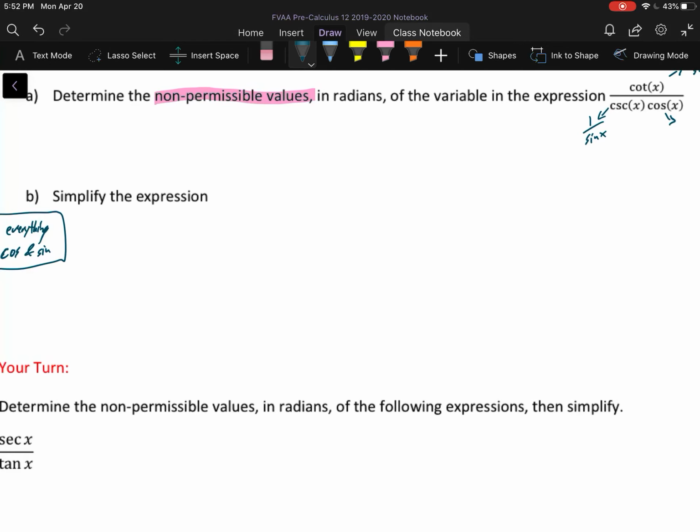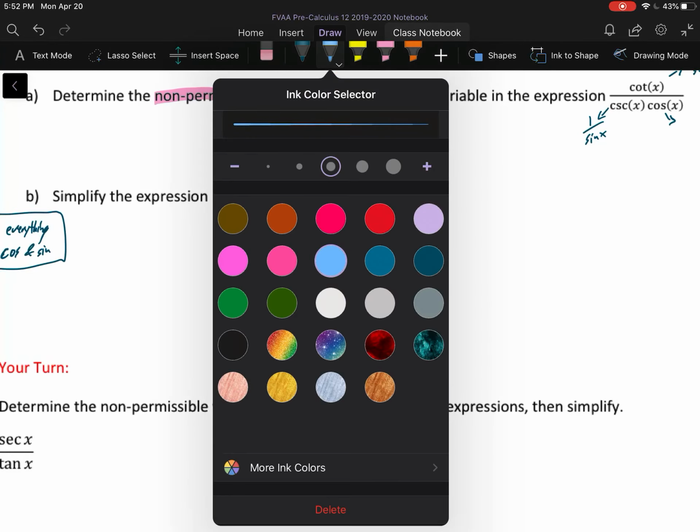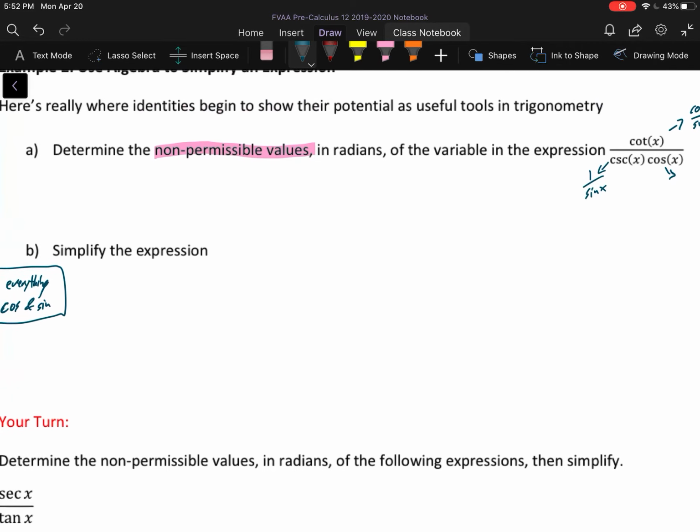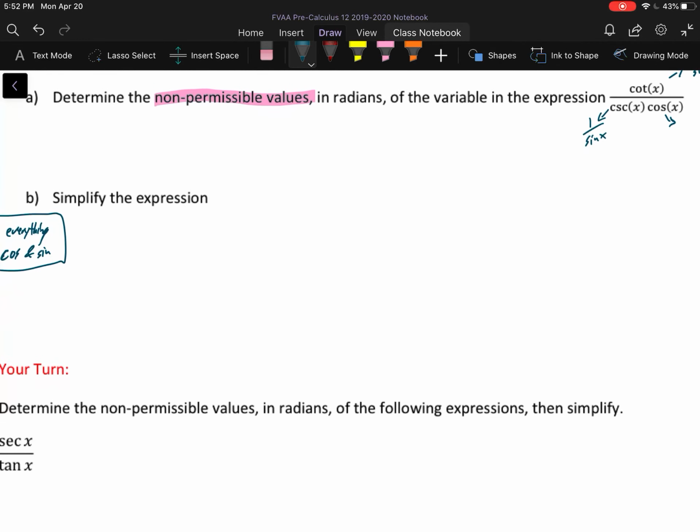So instead of writing cotangent, let me just rewrite my expression to begin with. I had cotangent x over cosecant x times cos x.